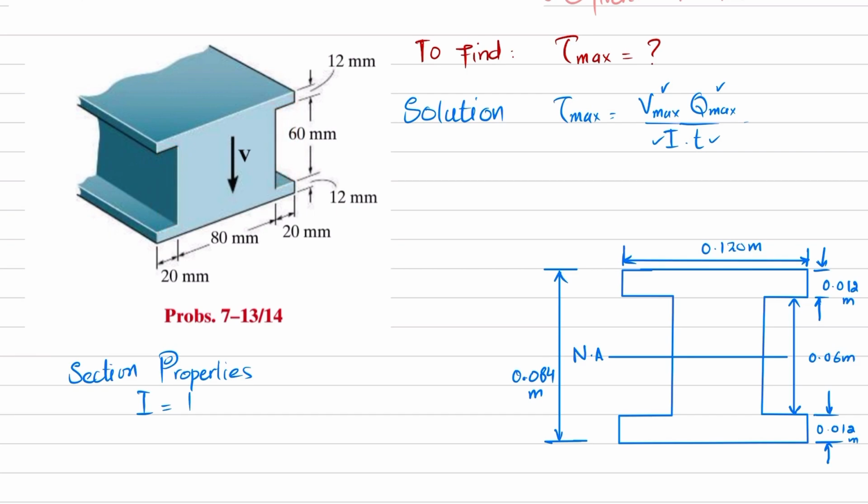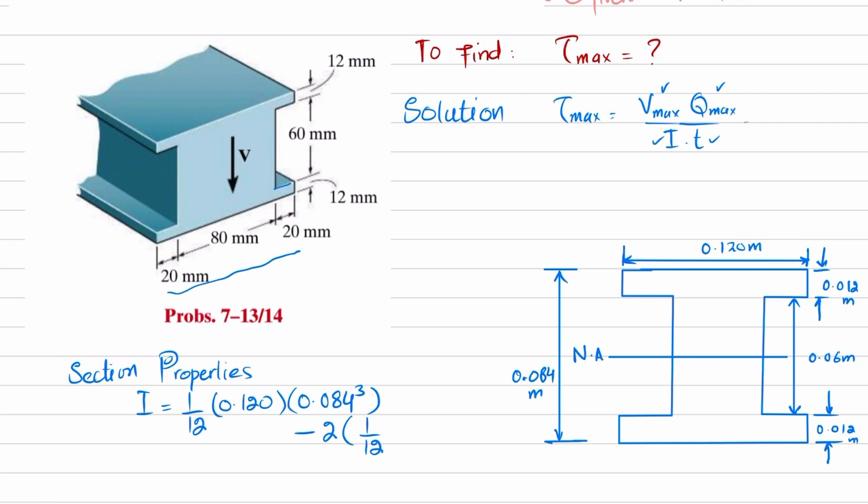So I is equal to 1 over 12 B, where B is the total width, which is 120, so 0.120 meter, into height 0.084 to the power cube, minus 2 times 1 over 12.